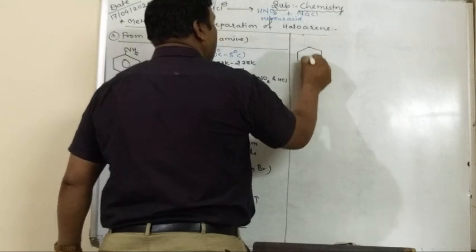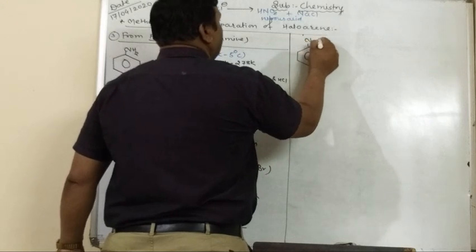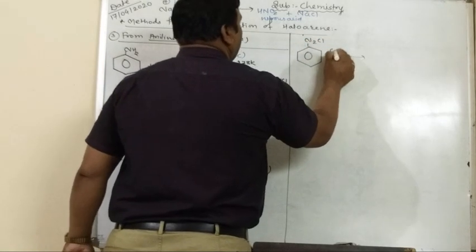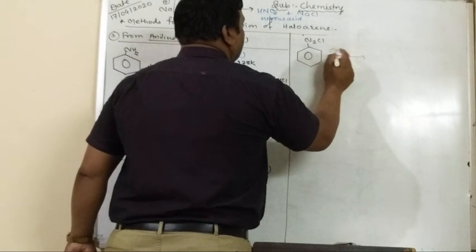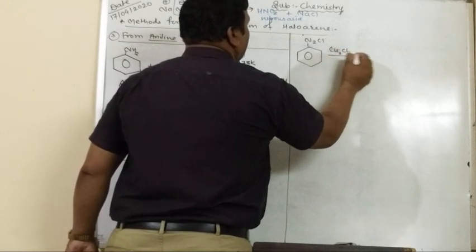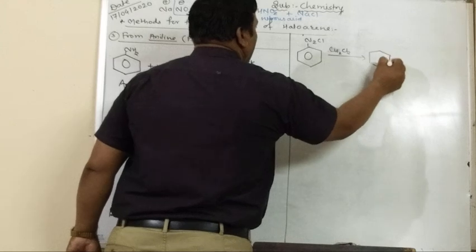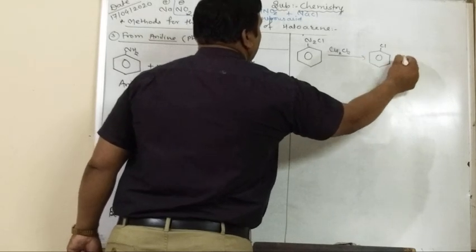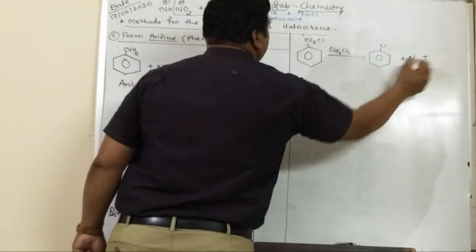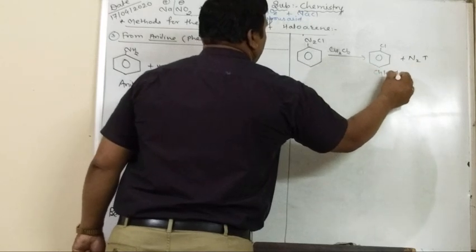For example, when benzene diazonium chloride reacts with cuprous chloride to get chlorobenzene and N2. Chlorobenzene.